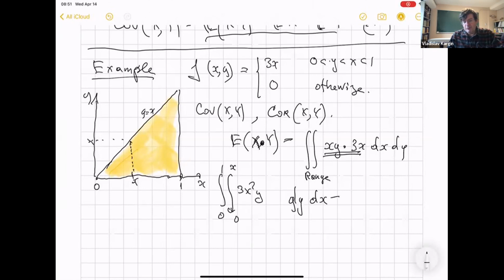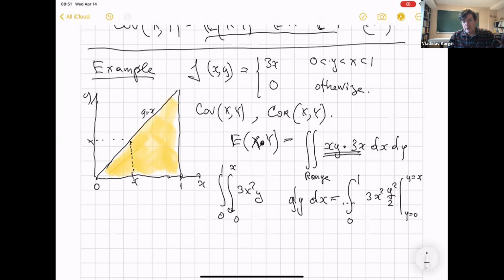After that you do the calculations, you integrate, pretty straightforward. Let us make the first step in this integration. It's the integral from 0 to 1 of 3x squared y squared divided by 2, from y equal to 0 to y equal to x.